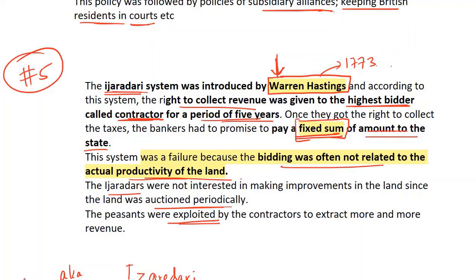And ये जो इजरादारी system है, this was the first land tenure system that was implemented in India by the British. Under this system, the right of collecting revenue of a particular area was auctioned to the highest bidder. So जो peasants थे, they had to pay their taxes to the Ijradar, who was actually the highest bidder.